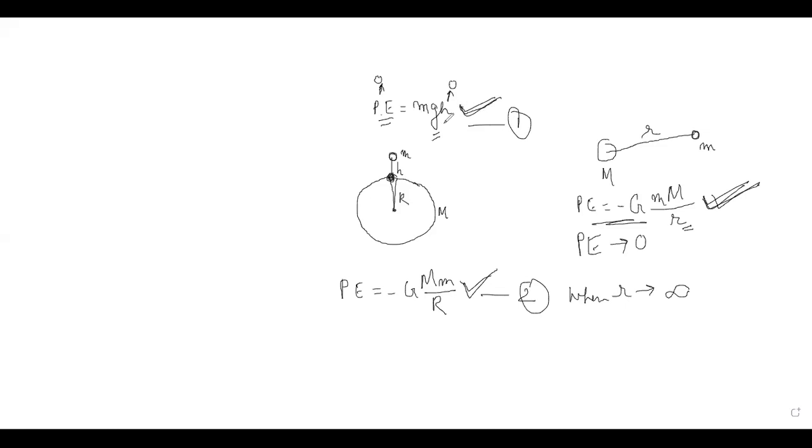For small values of h, this is correct. But when the object lies on the surface of the earth, according to this formula the potential energy is 0, but according to the other it is not 0, it is a constant.